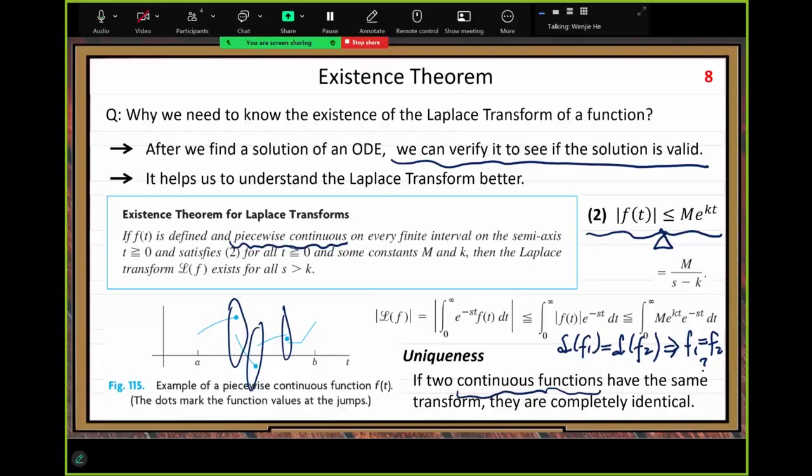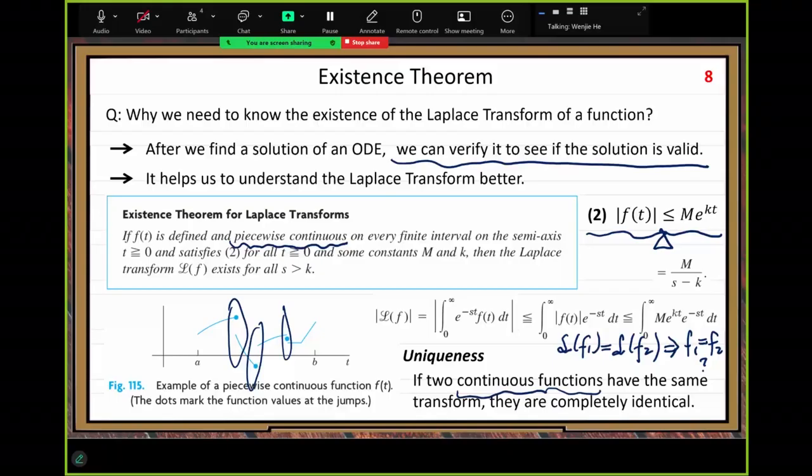But how to prove it? It's not that easy. So here we do not do it. Our textbook gives the reference, so you can follow the reference.